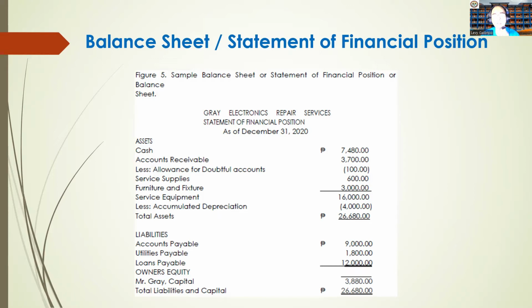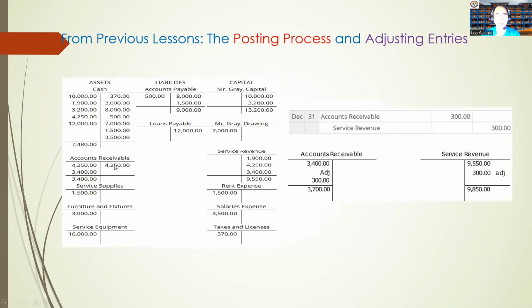Ang permanent accounts, ang figures nito ay yung mga ending balance na makikita natin doon sa general ledger postings. Balikan natin ang ledger noong nakaraang lesson natin pertaining to Gray Electronics Repair Services. So ito siya. Yung dalawang lesson ito, no? Yung sa posting process at saka yung adjusting entries.